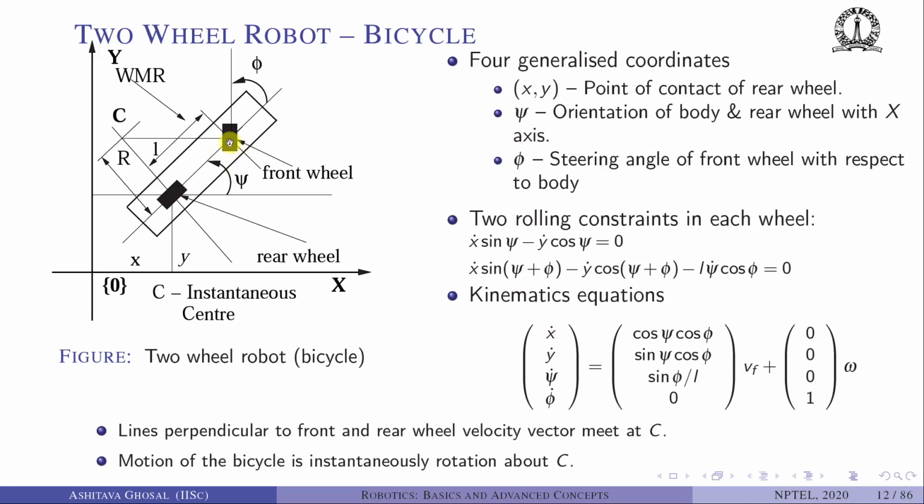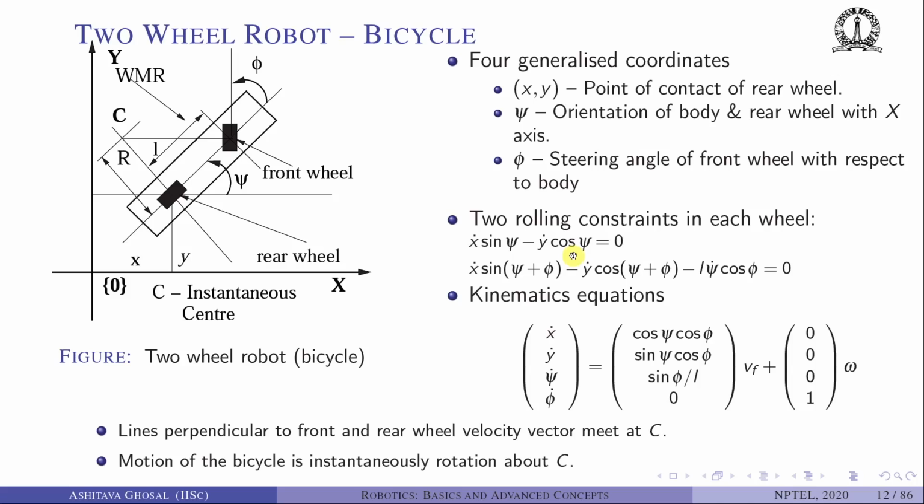Those of you who have ridden a bike know that the front wheel can be steered. The back wheel can be represented by x, y, and some orientation with respect to a fixed coordinate system. There is a rolling constraint for each wheel. So we have x dot sin psi minus y dot cos psi equal to 0. And we also have x dot sin(psi plus phi) minus y dot cos(psi plus phi) minus L psi dot cos phi equal to 0, where L is the length between the two wheels.